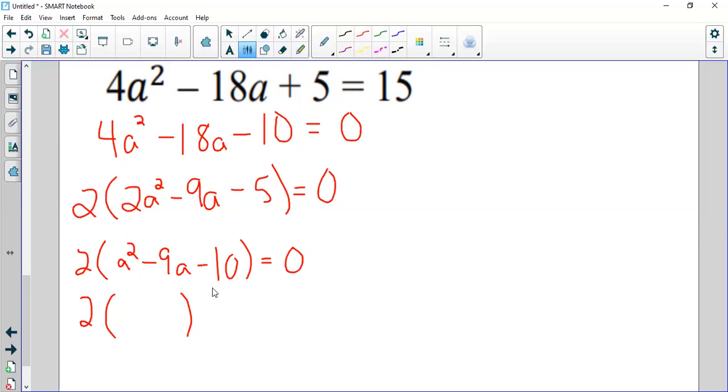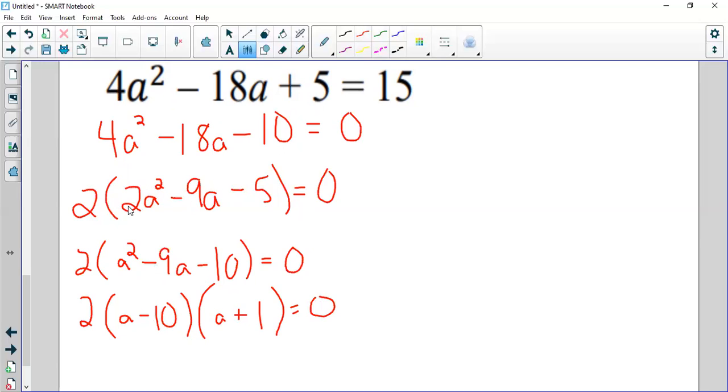I'll have my 2 binomials. And the whole thing will equal 0. I know I have an a and an a. My factors were 10 and 1. And the different signs, larger factor gets the B sign, negative. Negative, positive.